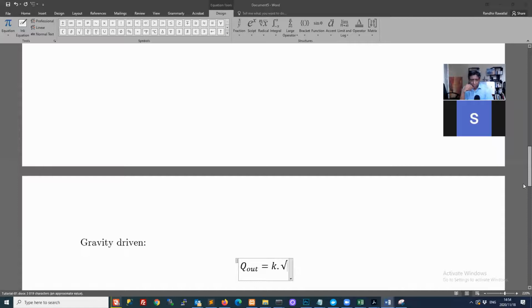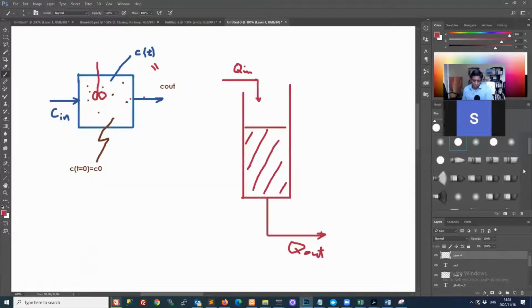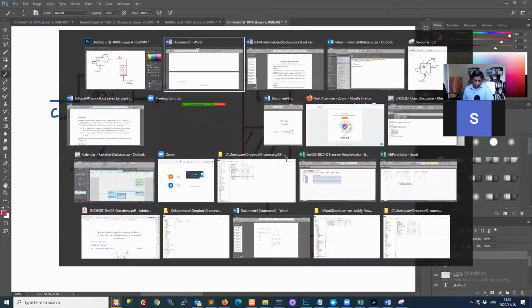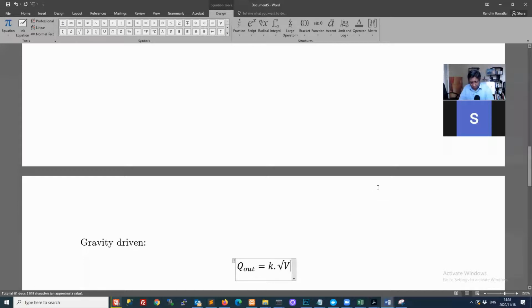The height of the liquid is of course proportional to the volume, so instead of saying height, we can say volume here. So that's our exit flow rate.